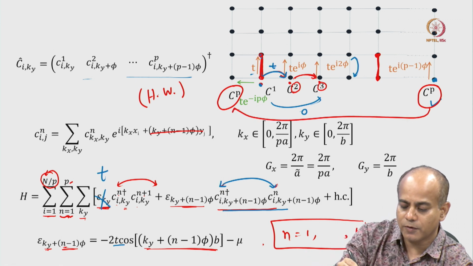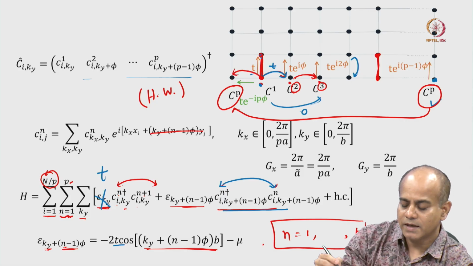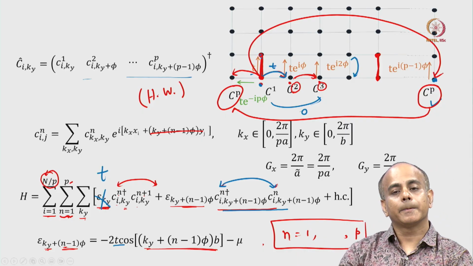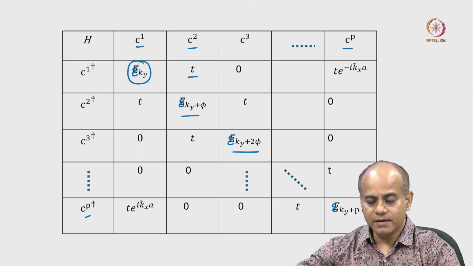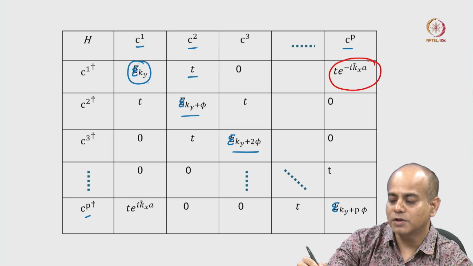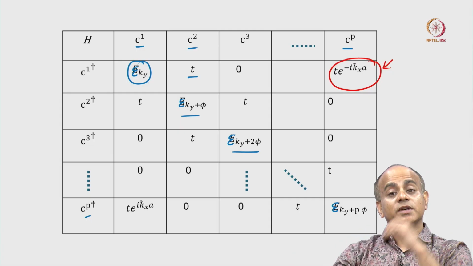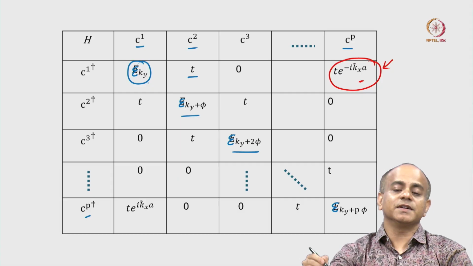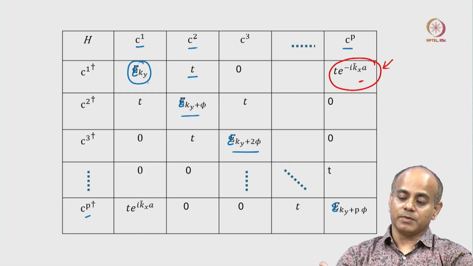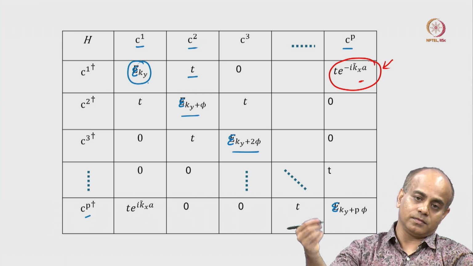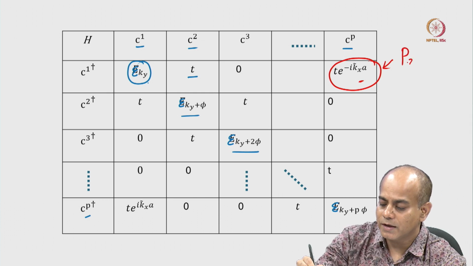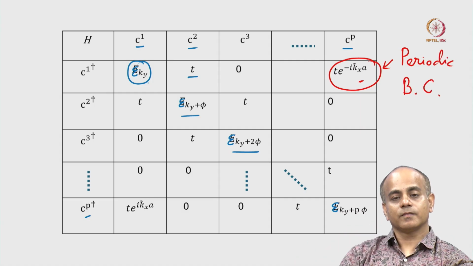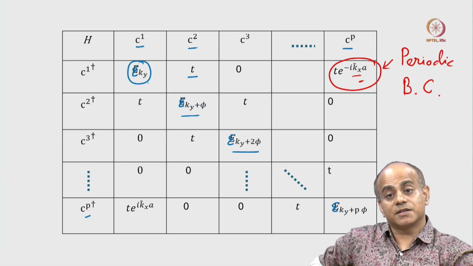So, hopping from here to there is like a hopping from here to there, and that is the periodic boundary condition. Because of periodic boundary condition, one gets this. So, that means once we lift the periodic boundary condition, this is a homework for you to do, you do not have this phase anymore. I mean, you will have it, but not in terms of the k, due to periodic boundary condition with a phase of k, kx.